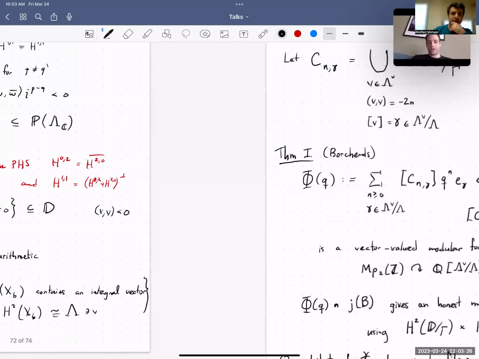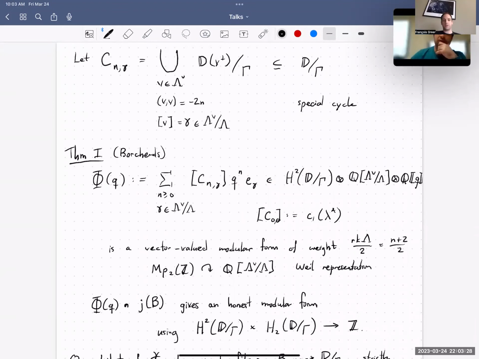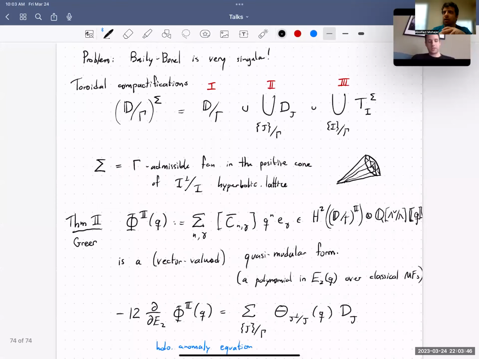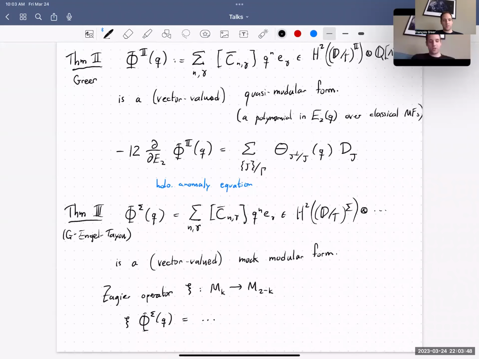And you actually do need to quotient by an arithmetic group if you want this Borcherds theorem to be true. It's an interesting question, actually. There are monodromy groups that are quite thin, and I don't know if there's a modular form type statement for those smaller groups. So that's a good question. I see. Thank you very much.